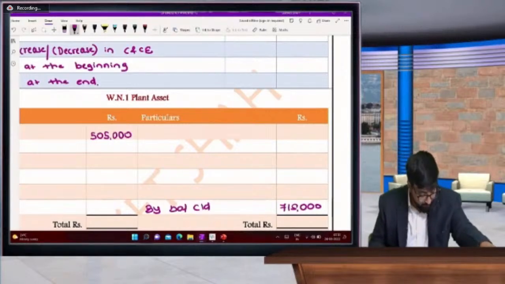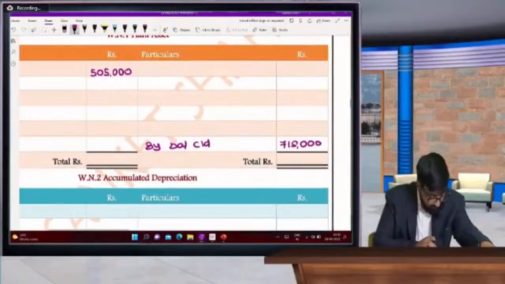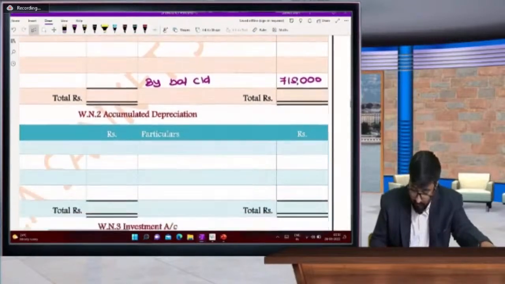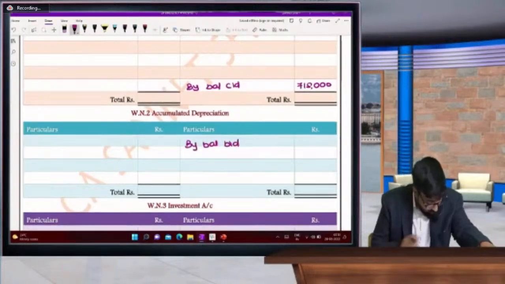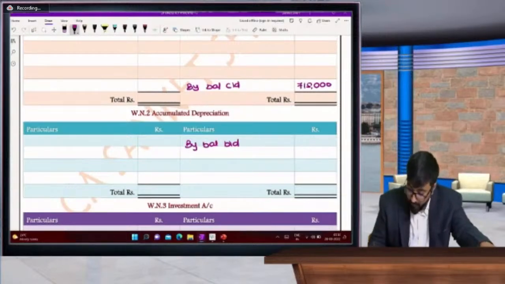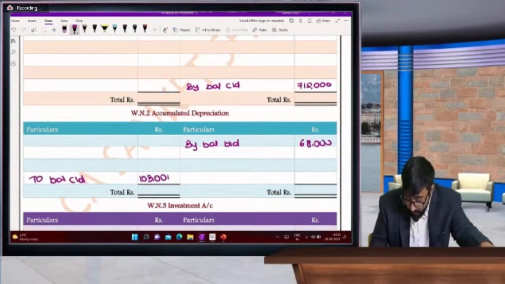Yes beta, Sanjay, correct. Accumulated depreciation, by balance brought down 68,000, to balance carried down 1,03,000.